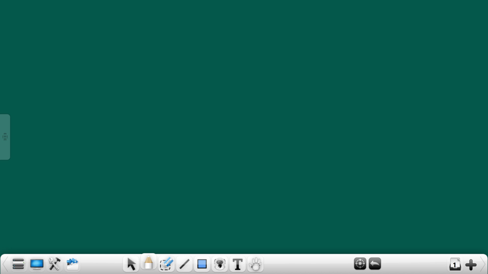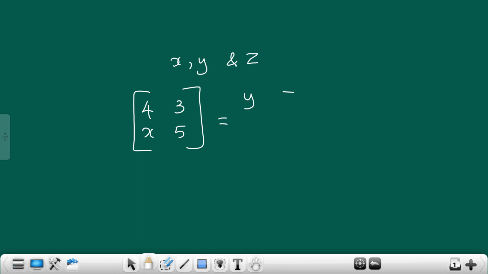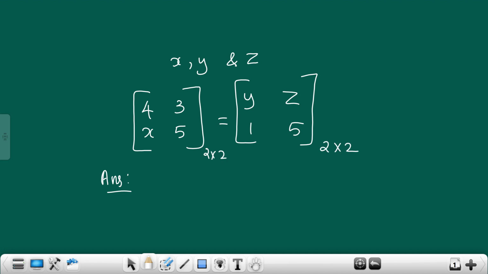Okay, we move on to a question. Find the values of x, y and z from the following equation: 4, 3, x, 5 equal to y, z, 1, 5. Here, given that these two matrices are equal, in equality of matrices we know that they are of the same order, because the first one is 2 by 2 and the order of the second matrix is also 2 by 2.